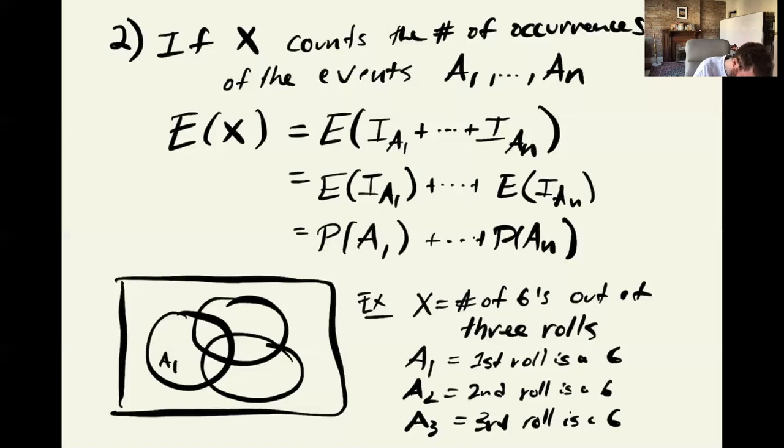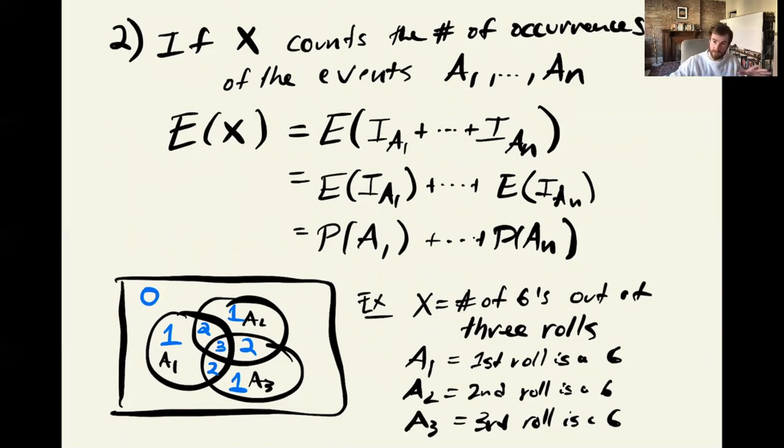Each of these contributes a 1 to my sum. But if I'm in situations where both of these events occur, then I've got a 2. Or if I'm in the event where all 3 rolls are 6s, then that contributes a 3. Of course, if none of these events occur, I get a 0.